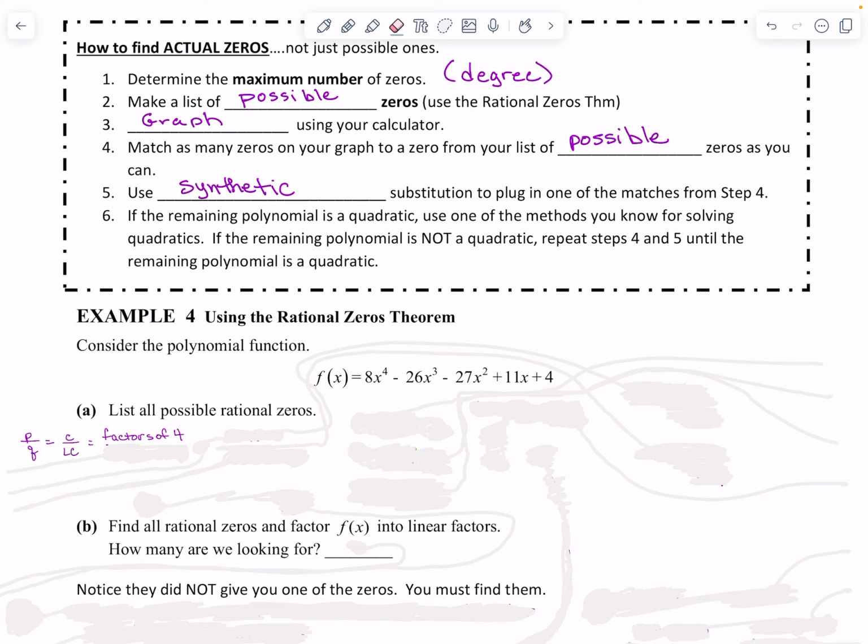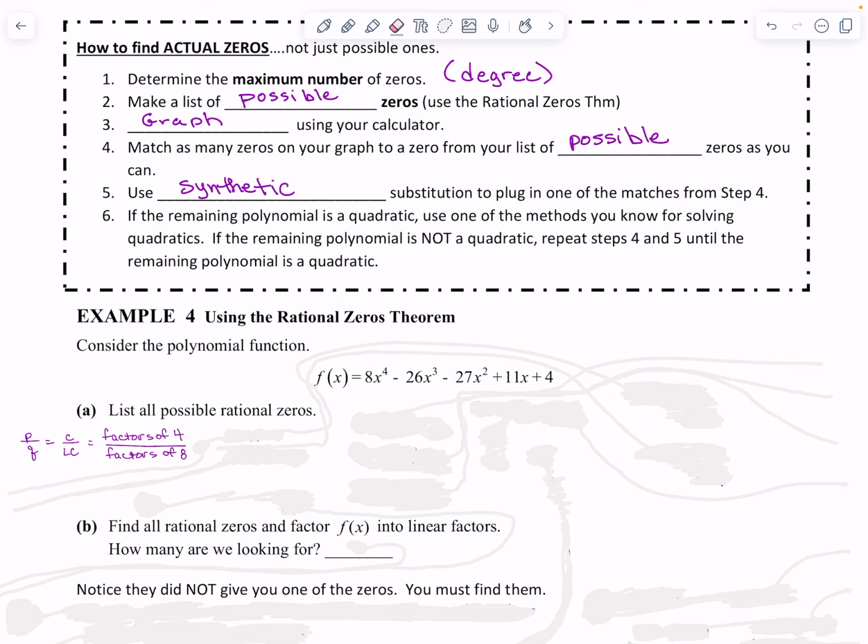So what this is saying is that P over Q, my possible solutions, is I'm going to take this constant right here. There's my constant, the 4, and I'm going to list all the factors of my constant. And then I'm going to list all the factors of my leading coefficient.